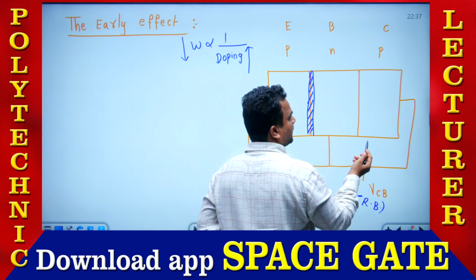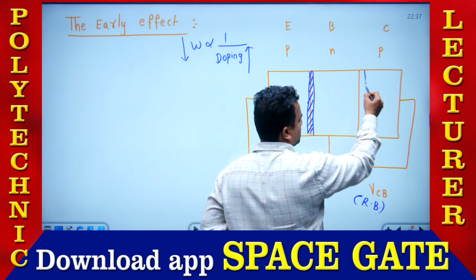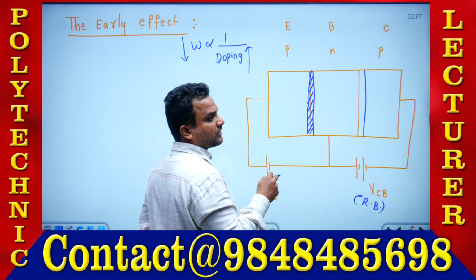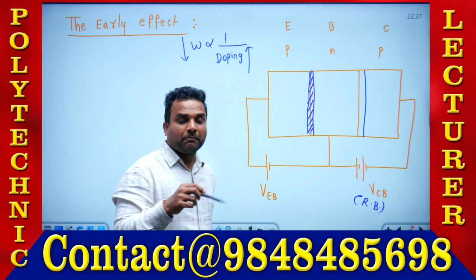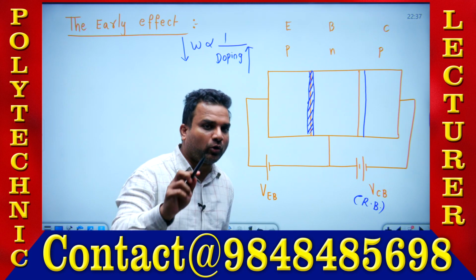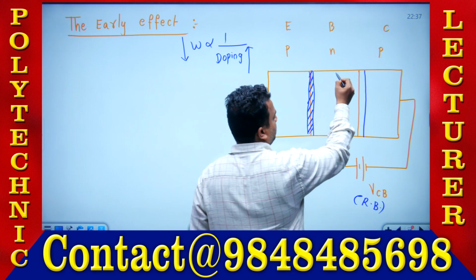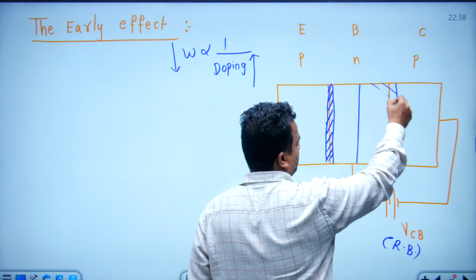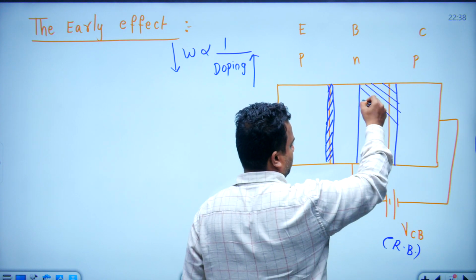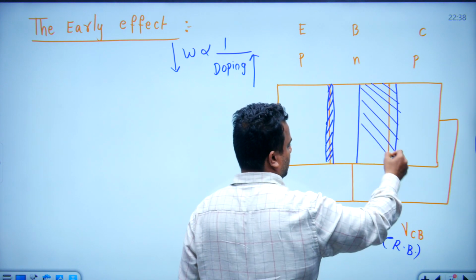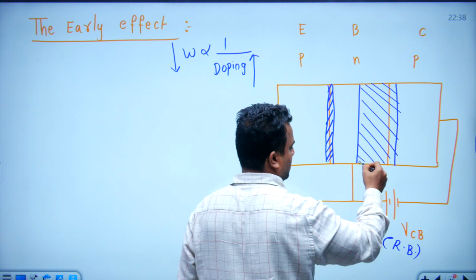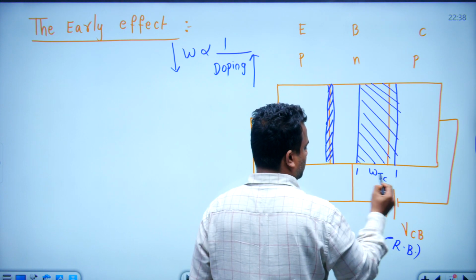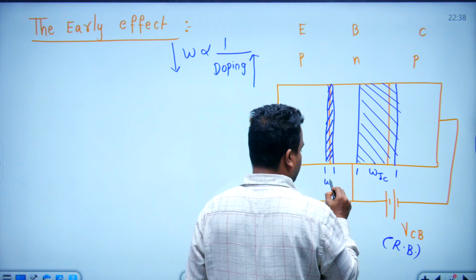Hence, across the collector region the depletion width is somewhat less, whereas in the base region the depletion layer width is maximum as it is lightly doped. Hence guys, the depletion layer width will be like this. This is about the depletion layer width across the collector base junction. Let's assume this is WJC, this is WJE.